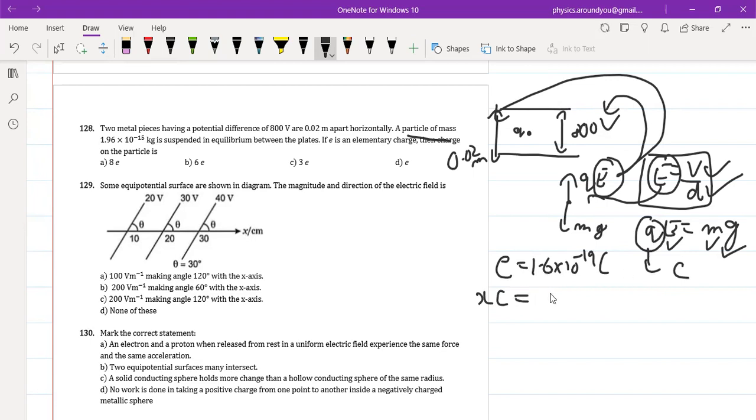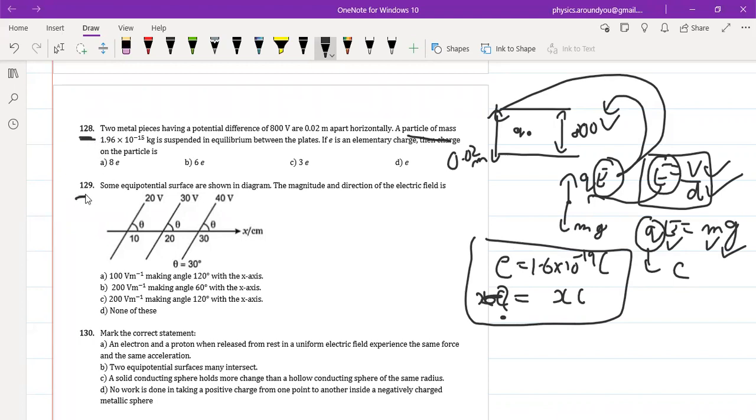So this is equal to how many elementary charges? That is the final nail in the answer, right? So first I will find the charge in coulombs. Then I use the relation: elementary charge is 1.6 into 10 power minus 19 coulombs. Then x coulombs will be how many elementary charges? That is question number 128 for you.